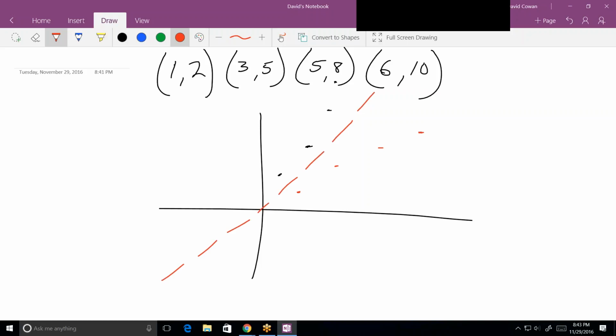And when you reflect dots or xy coordinates about the line y equals x, they merely switch. In other words, a point that is 1, 2 now becomes 2, 1. And this point that's 3, 5 becomes 5, 3. All you do when you find the inverse is the x and y values switch. The domains and ranges switch also.